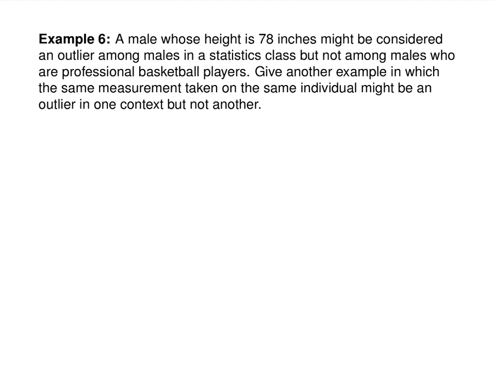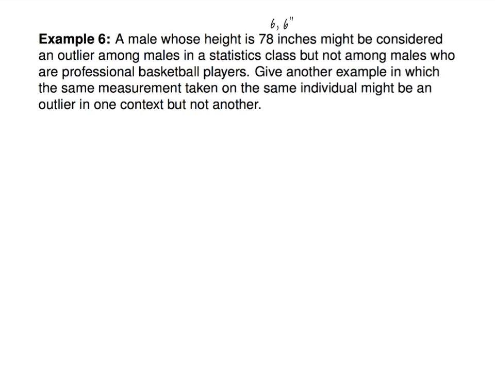Okay, and what constitutes an outlier might depend on the context. Suppose a guy who is 78 inches tall, you might ask, how tall is that? I can't conceptualize. So 60 is 5 feet, so 6'6". Okay, that's pretty tall, right? So 6'6" might be pretty tall here, but not among basketball players, right?